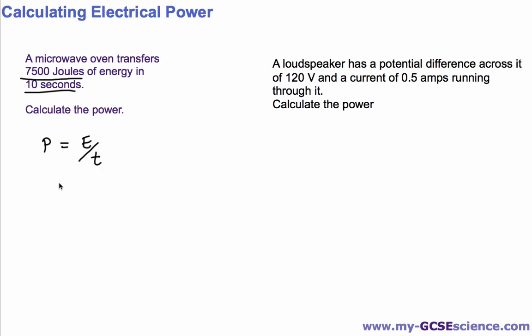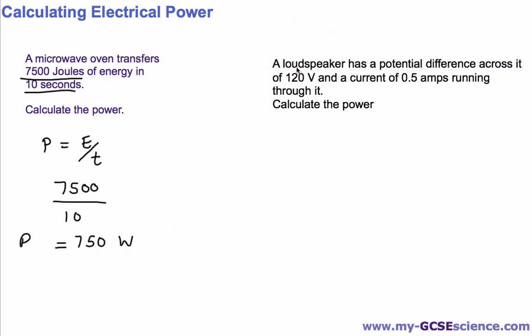And very simply then it's a case of plugging in the numbers. So it's 7,500 over 10, which is 750. So our microwave oven has a power rating of 750 watts. Okay, so that's 750 joules every second of energy that is transferred by the microwave oven.